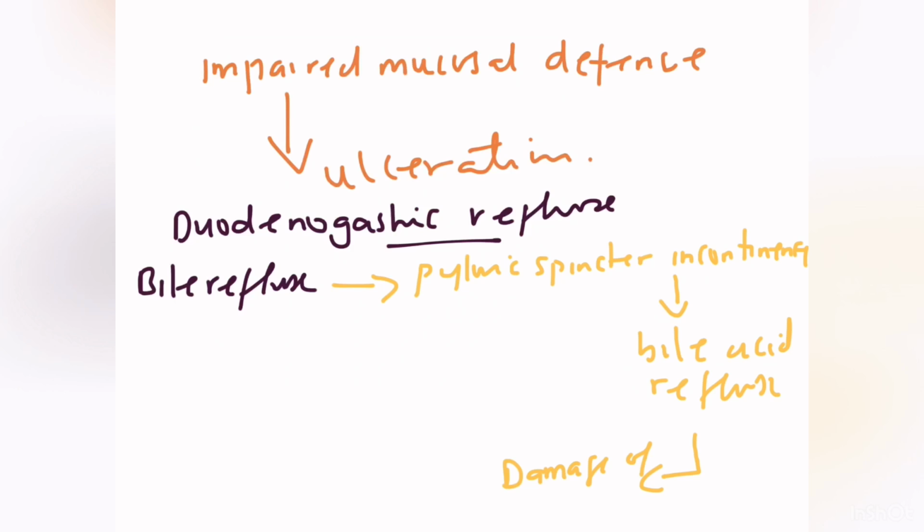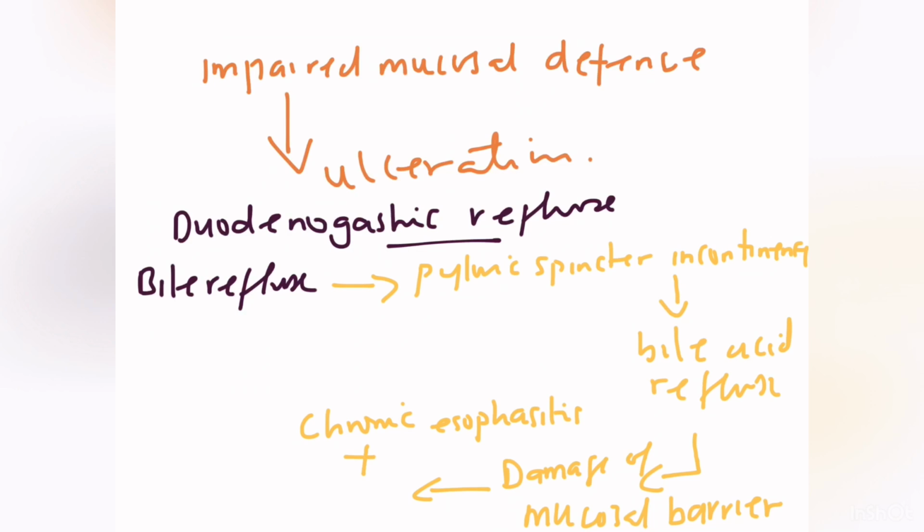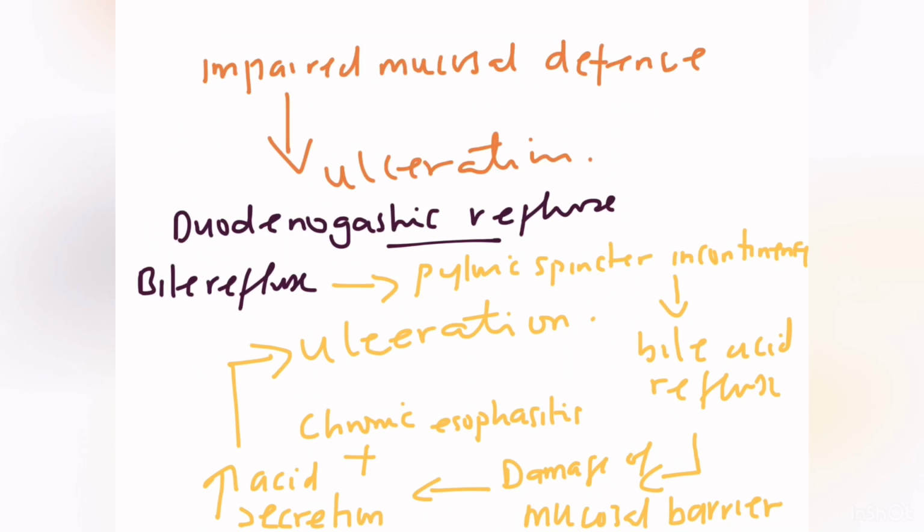Damage of the mucosal barrier, leading to chronic esophagitis plus increased acid secretion, and this will eventually lead to ulceration. And this is how the gastric reflux causes ulcer.